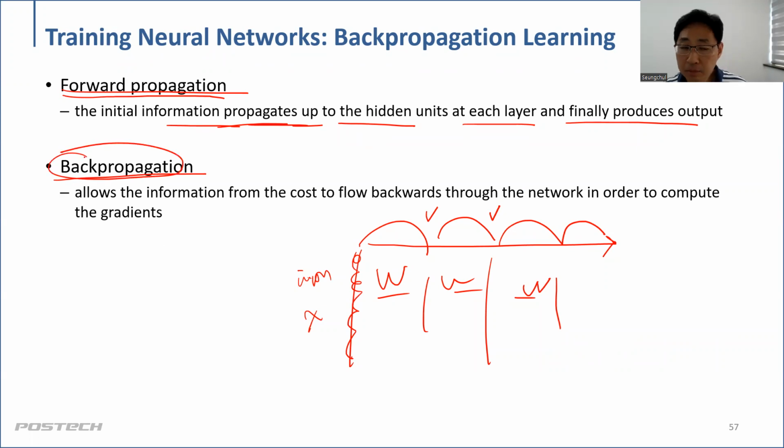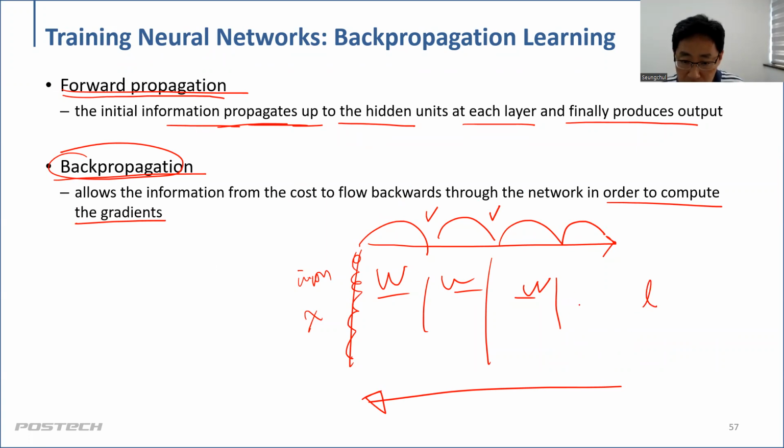On the other hand, back propagation is that in order to compute the gradients, we're gonna go this way, because we have the loss.